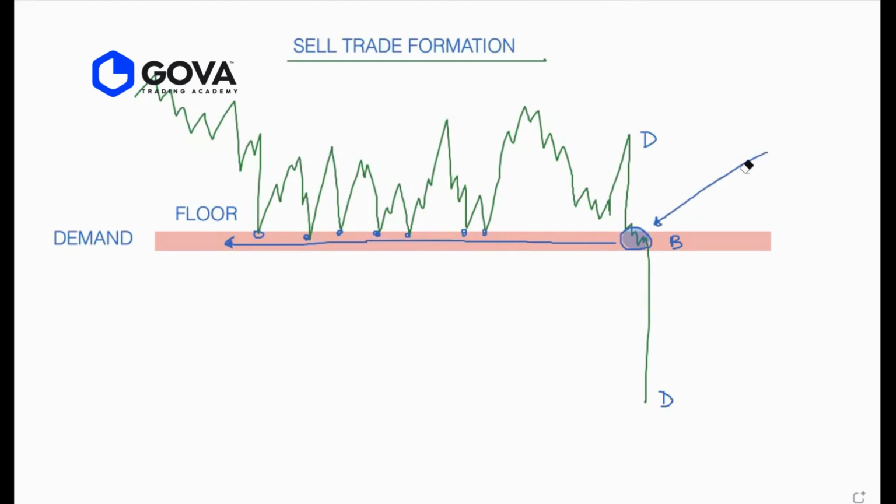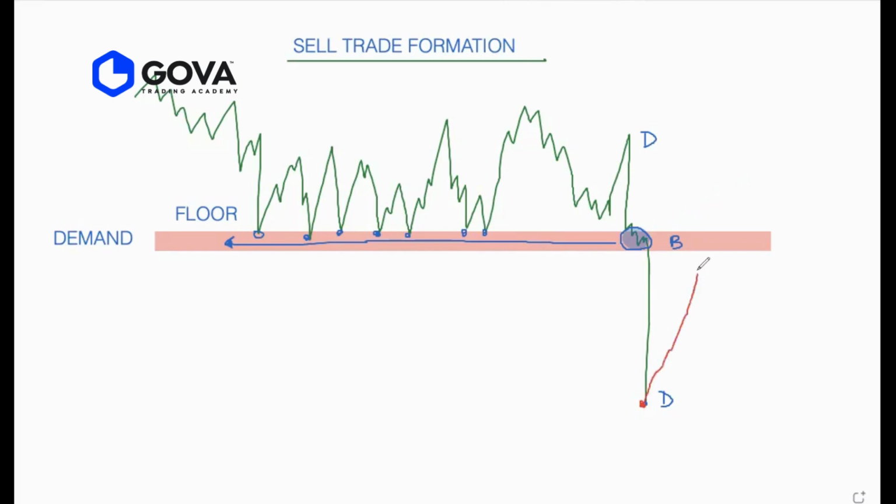So the point where market price broke the floor, that area is no longer a floor, it has changed to something else. If market price has changed to something else, it means that we no longer have a floor. Right now, we have our current market price here, which means that we are expecting market price to go up.